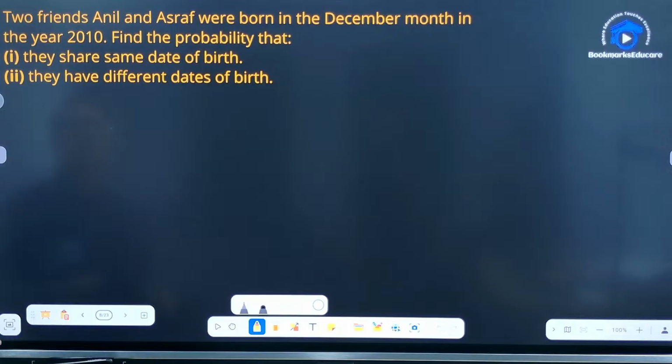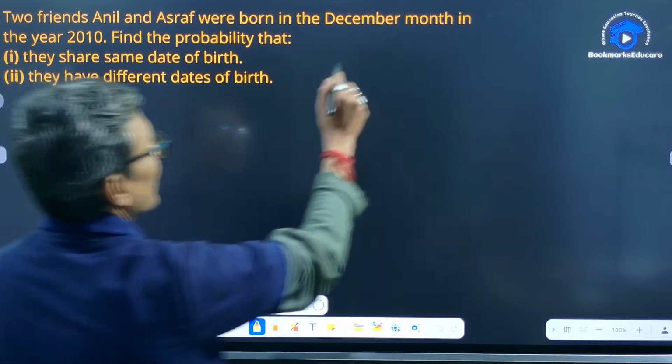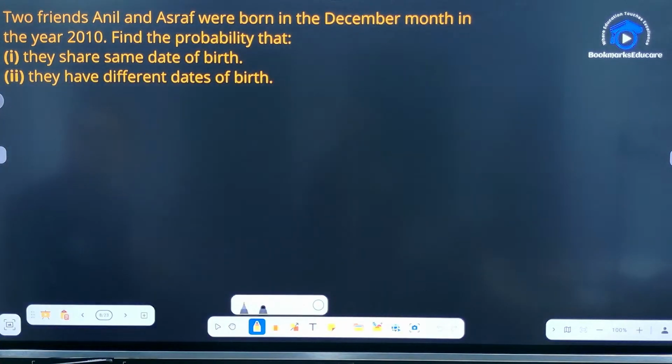Next sum. Two friends Anil and Ashraf were born in the December month in the year 2010. Find the probability that they share the same date of birth.